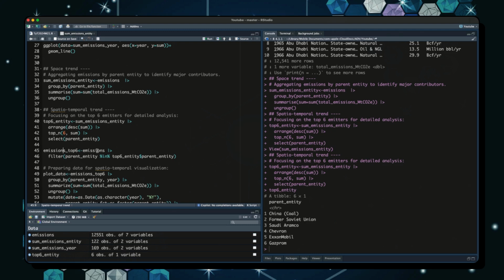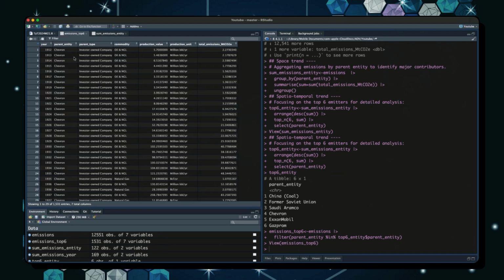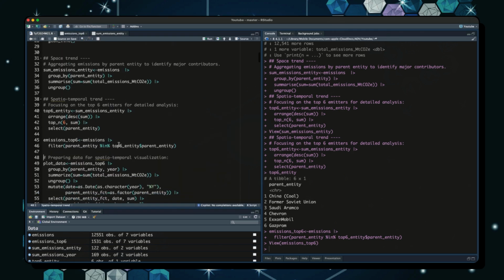What if we filter our emission values to have just the emissions of the top 6 producers? Here we have a dataset that contains only the 6 most important producers.